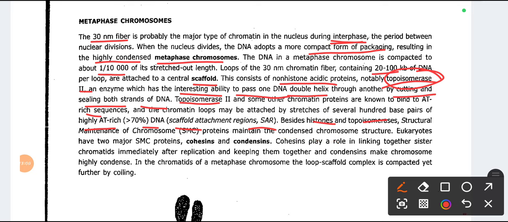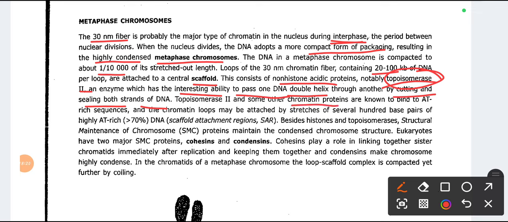So what we studied is that once the loop is formed, it binds to the scaffold. There is a non-histone protein, topoisomerase, which helps one DNA double helix to pass through another, leading to a more condensed state.